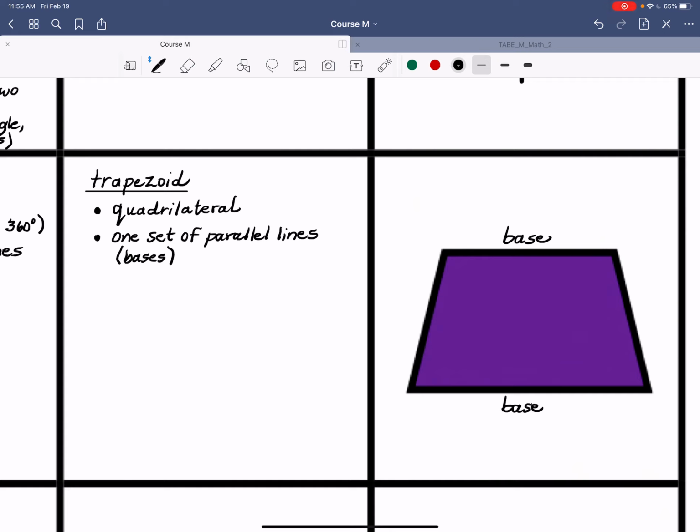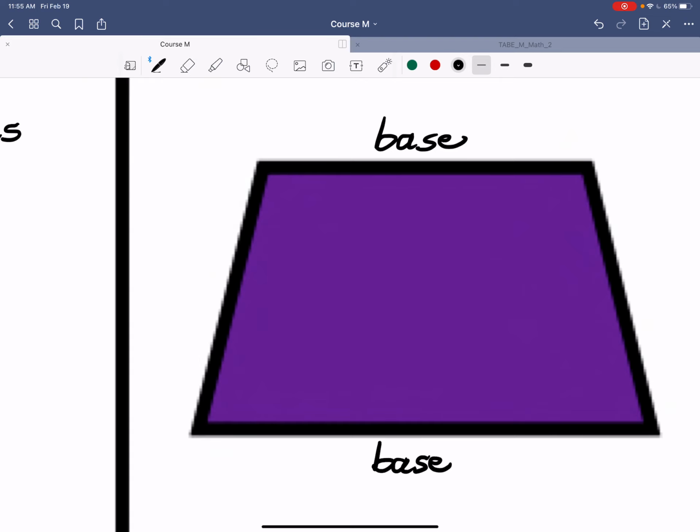Okay. And in the quadrilateral, the angles will total 360 degrees. In this particular one, you have an obtuse angle right here, and you have an obtuse angle right here.